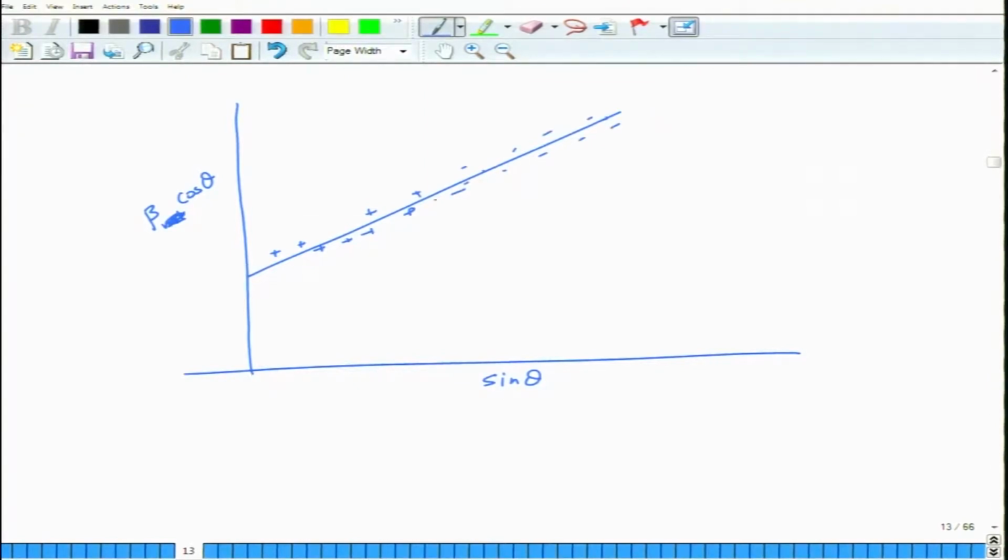The slope of this line will be equal to C epsilon and the intercept will be equal to k lambda by T.